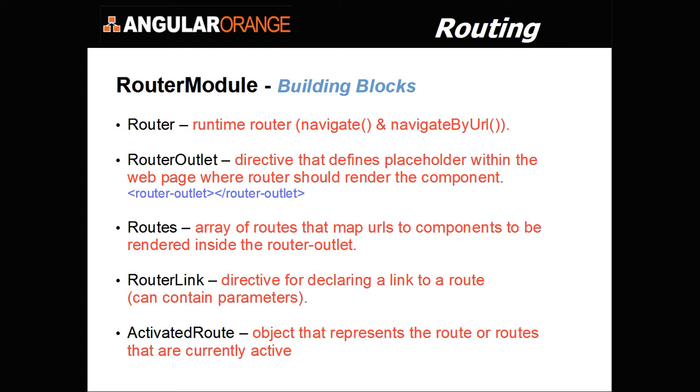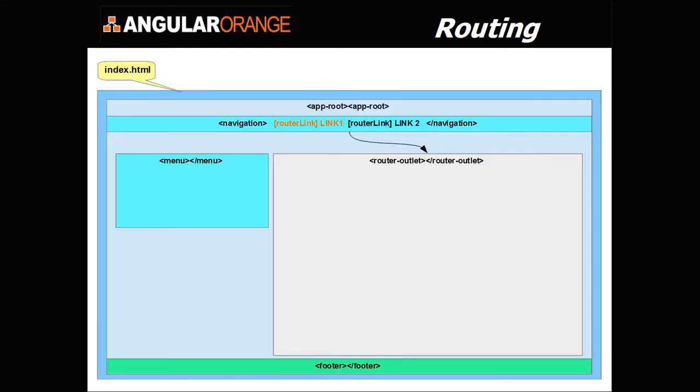And you have a router link, which is a directive for declaring a link to a route, and it can contain parameters. And you have an ActivatedRoute, an object that represents a route or routes that are currently active. You can interrogate that for the parameters, and you can ask it for its data, and you'll see some of that in some of the examples.